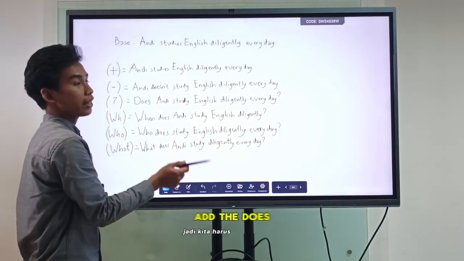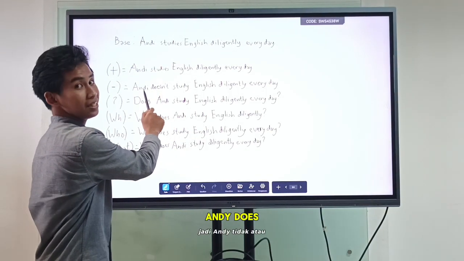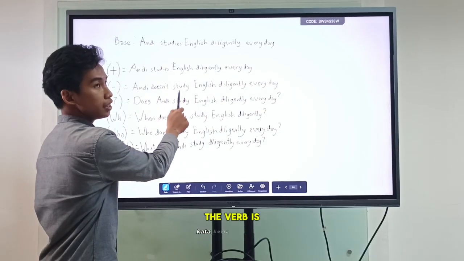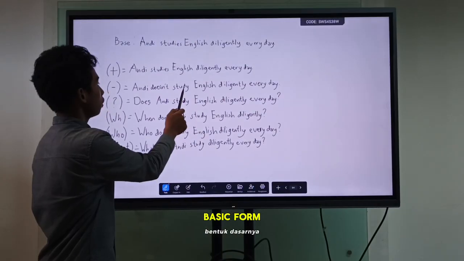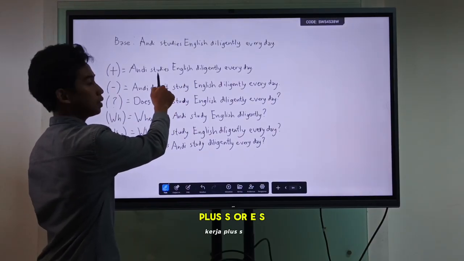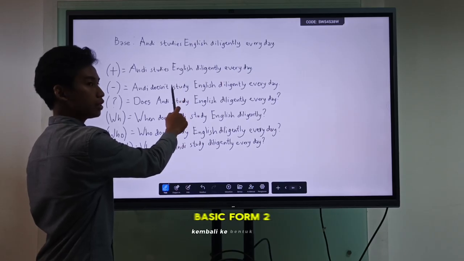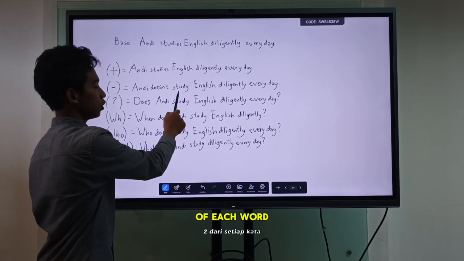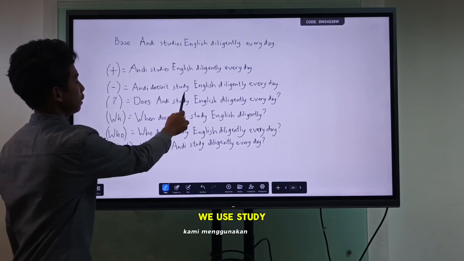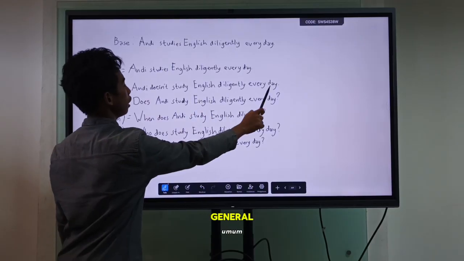So we must add does and not. And another main point is the verb goes back to its basic form. In positive, we use the verb plus s or es, but in negative form, it goes back to the basic form of the verb. So instead of studies in negative forms, we use study. So: Andi doesn't study English diligently every day.